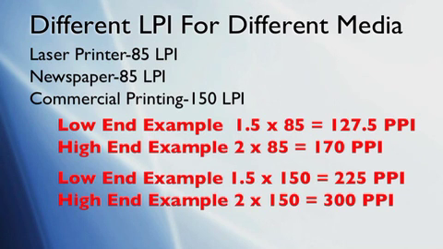And on the high end, 2 times 150 gives us 300. Okay, so images for a slick brochure or annual report or magazine ought to be between 225 and 300 pixels per inch when we look at them in Photoshop, if we want to get predictable results.